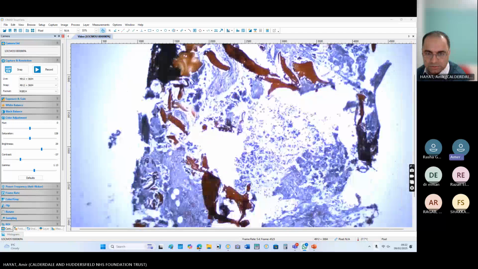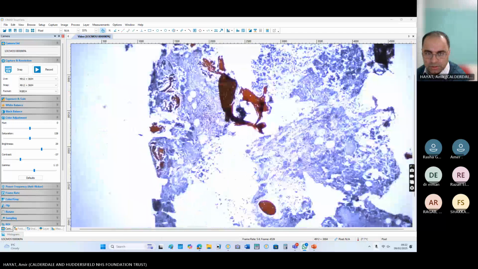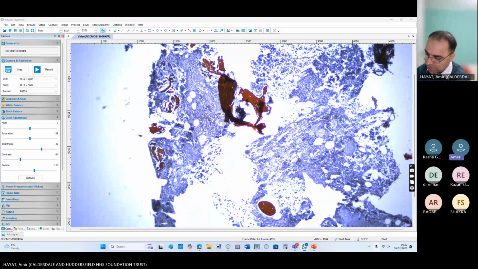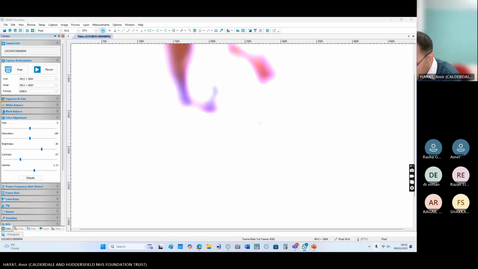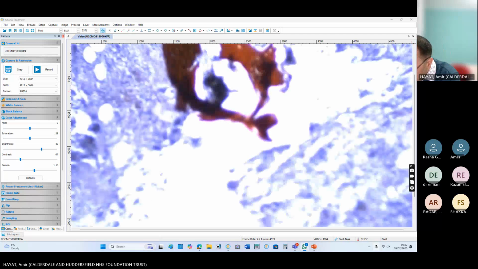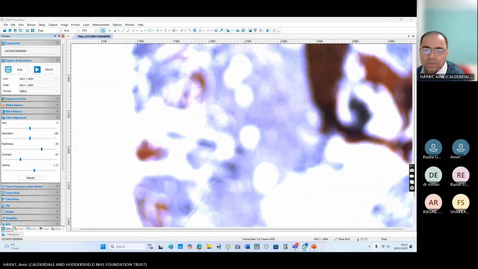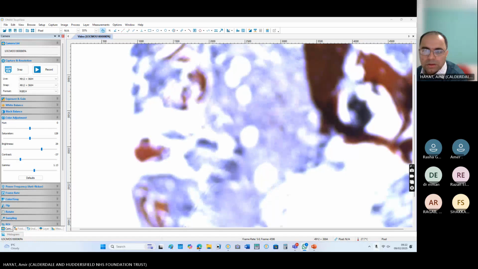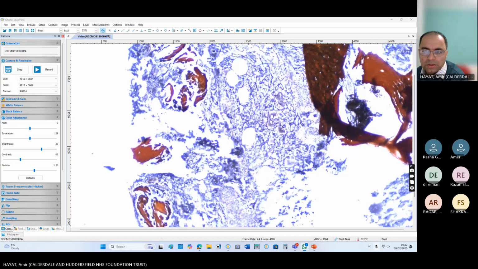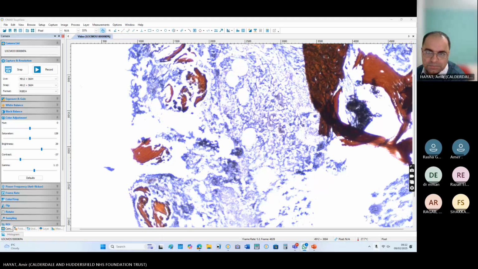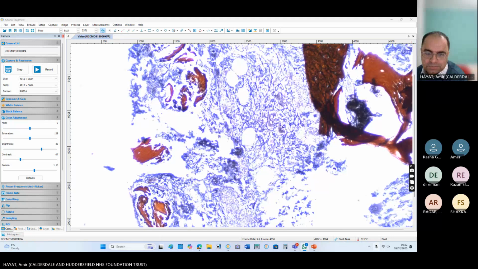So this is your reticulin, and I will make it power 10. And you can see these fibers intermingling. So this is either grade 3 or grade 4 fibrosis in the patient.